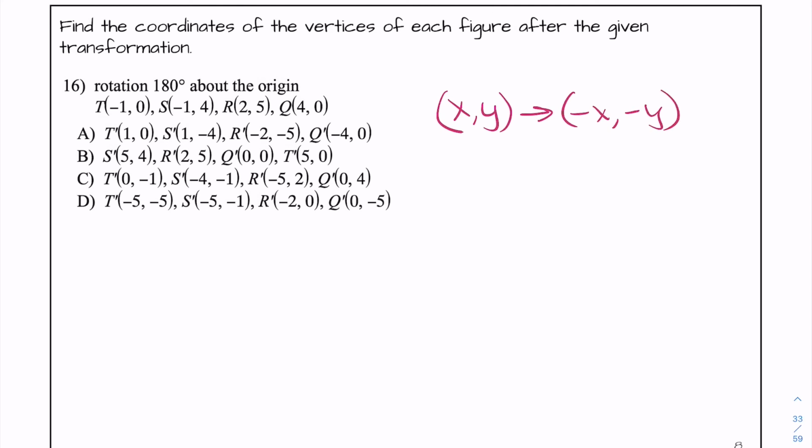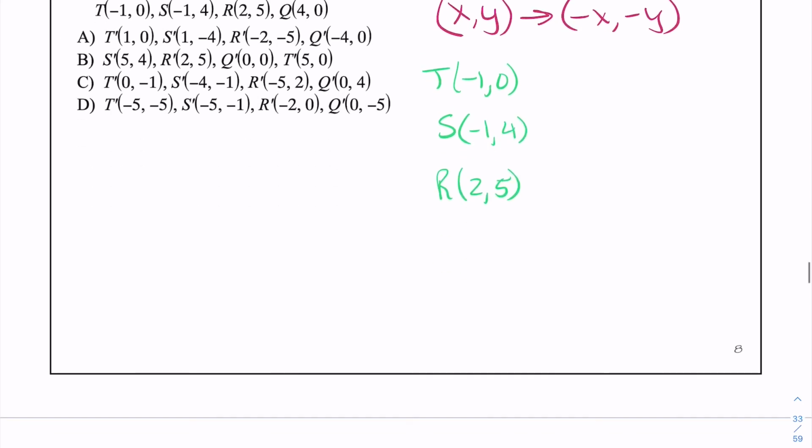I have it memorized. I'm going to take all my coordinates. So I'm going to take T, which is at -1, 0. S is at -1, 4. R is at 2, 5. And Q is at 4, 0. I'm going to perform that operation on them.